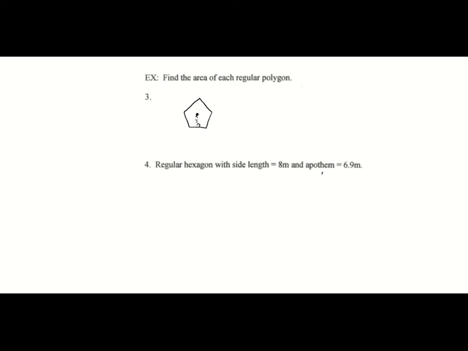In this case our sides are all the same, so I'm going to mark it like this. And we are given that our side length right here is 23.2 meters. And our apothem, this distance right here, is 16 meters.